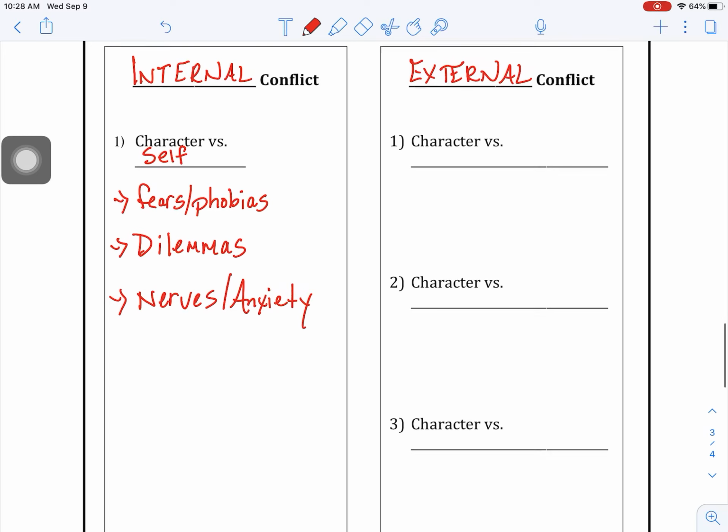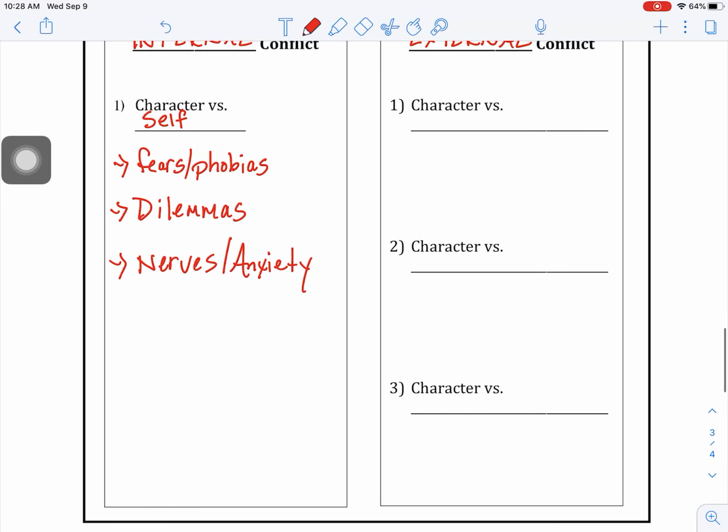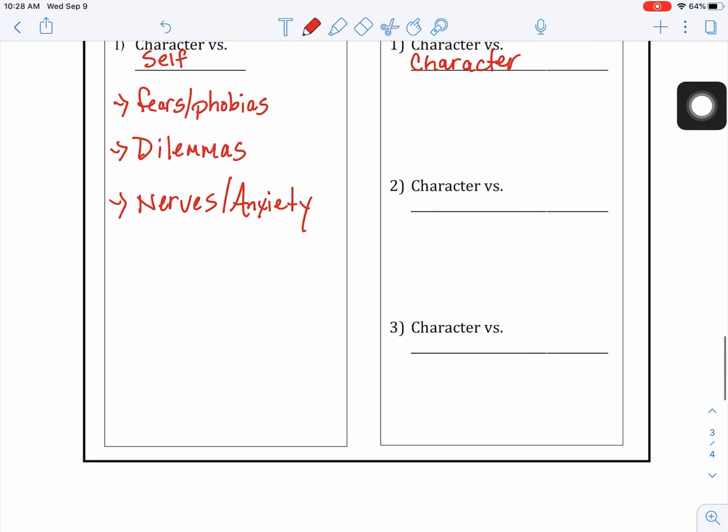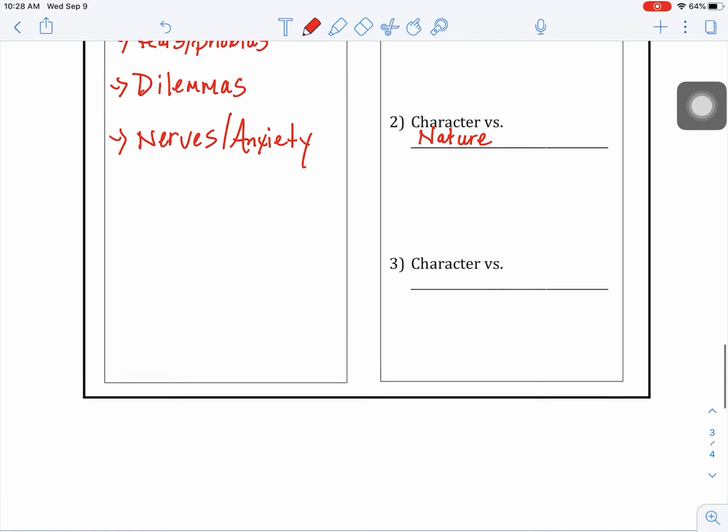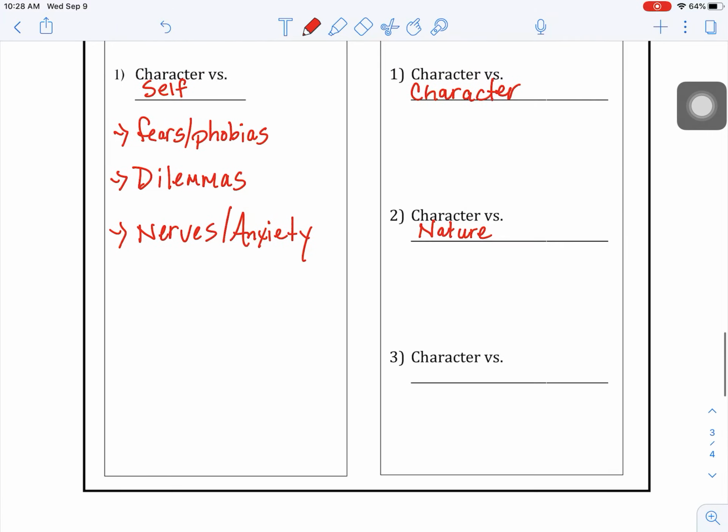The other types of conflicts are external. And you likely learned in elementary school, you might have 2 characters against each other, whether it is a mental battle or a physical battle, one versus the other. You might have a character versus elements of nature, battling the elements walking to school, the hurricane, the tornado, the rainstorm.